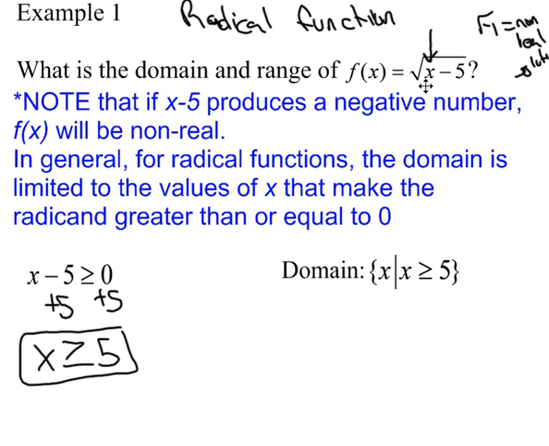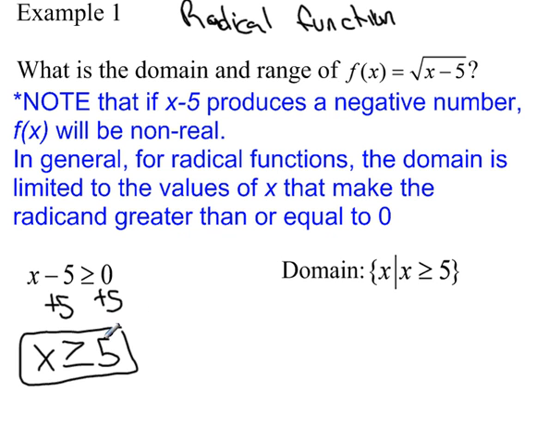You solve for the values of x that will make the radicand greater than or equal to 0. To get the range, let me just erase this before it gets too cluttered.